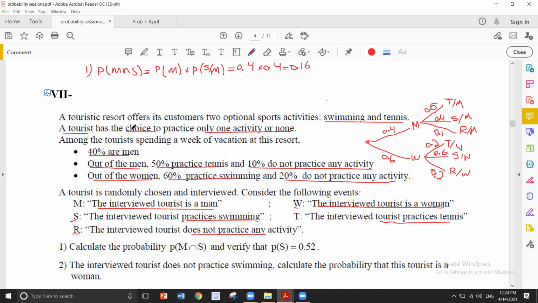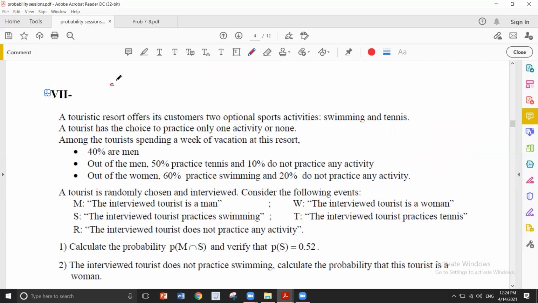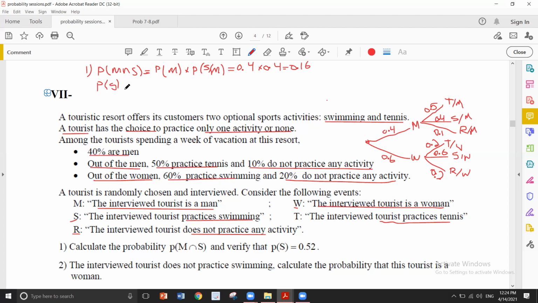How to calculate the probability of S, swimming?